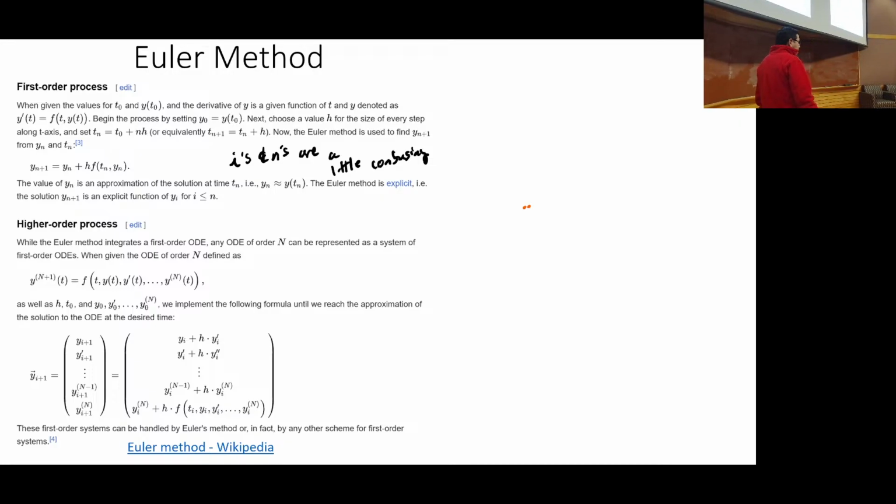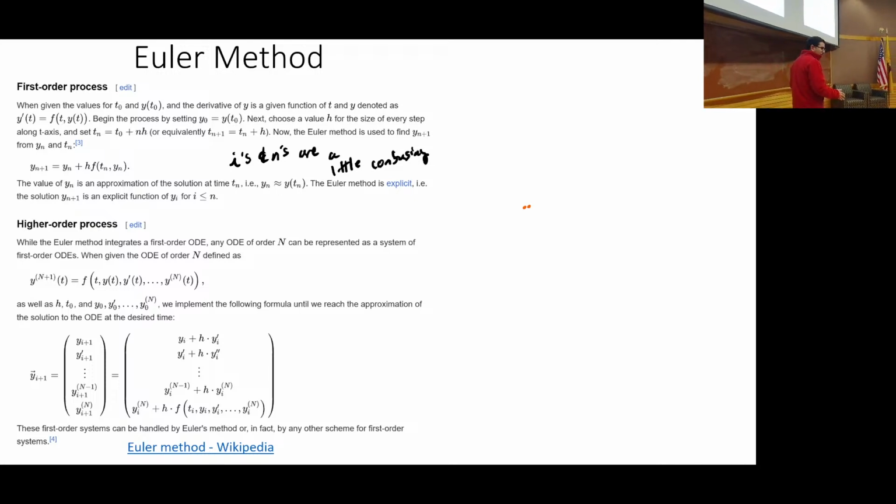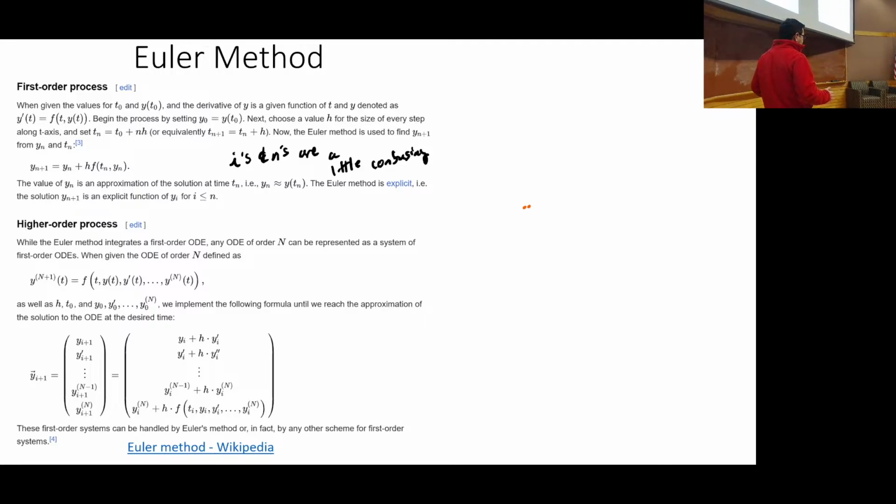The Euler method essentially is the process of numerical integration using my current information to predict what's going to happen at my next time step. Okay? So, what do I know? I know that I have gravity acting on me. I know that my acceleration is going to be 9.8 meters per second squared, fictitiously in that direction.